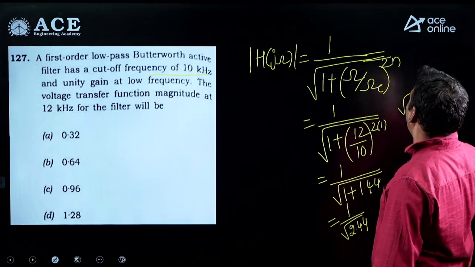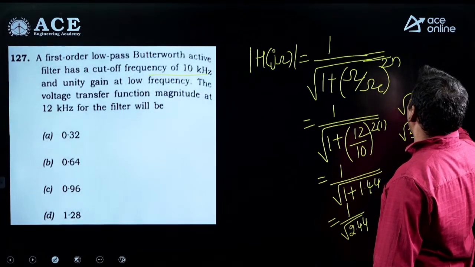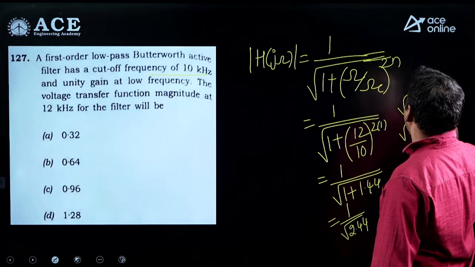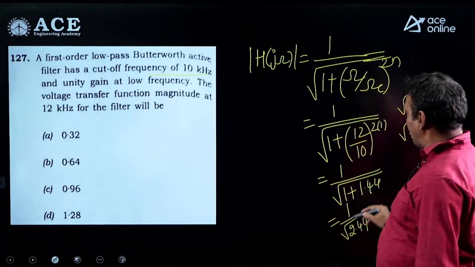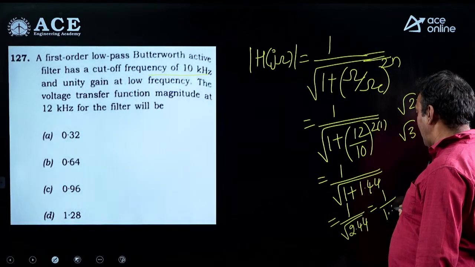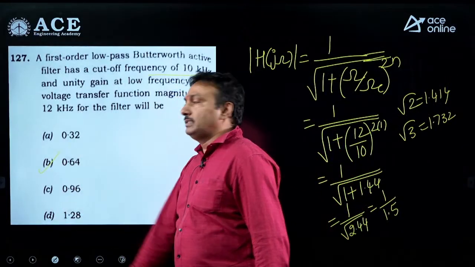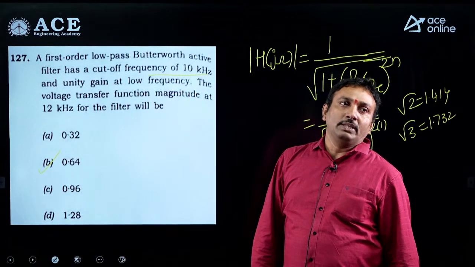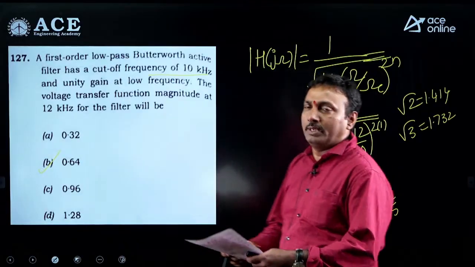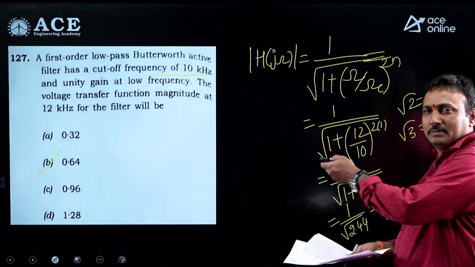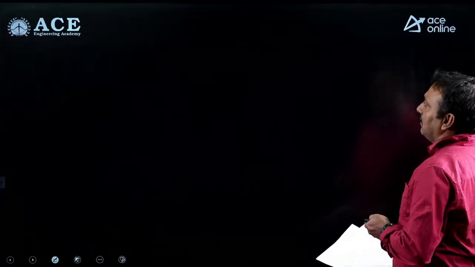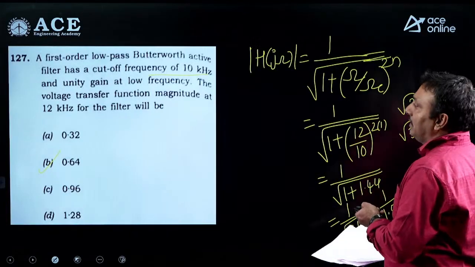It lies between root 2 and root 3. Root 2 is 1.414, root 3 is 1.732. Roughly if I assume 1.5, because calculator is not allowed, roughly it can be selected like 0.64, roughly 2 by 3, 1.5 can be written as 2 by 3, 0.66 roughly. Okay, straightforward, based on the formula it is given.